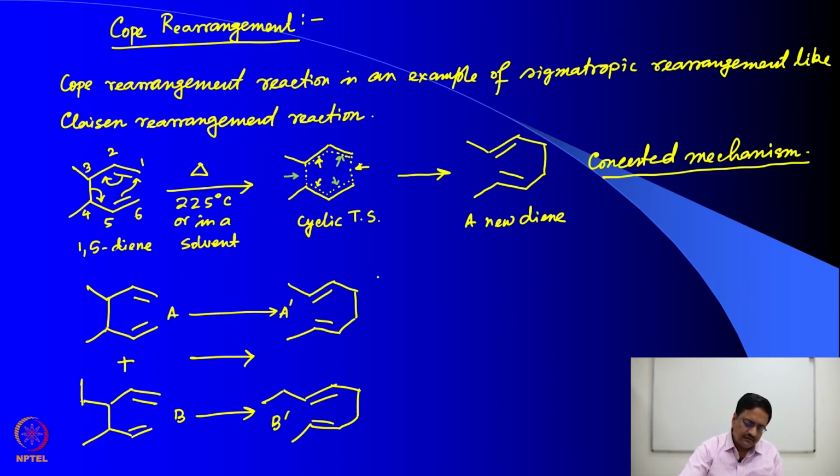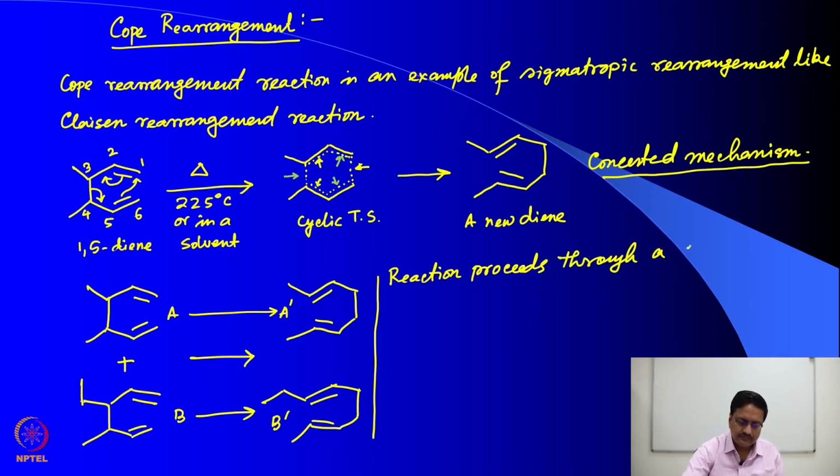So, this particular reaction proceeds through a cyclic transition state, as we have already seen, and the transition state in general adopts a chair conformation.